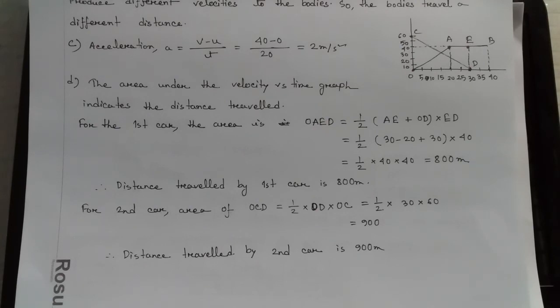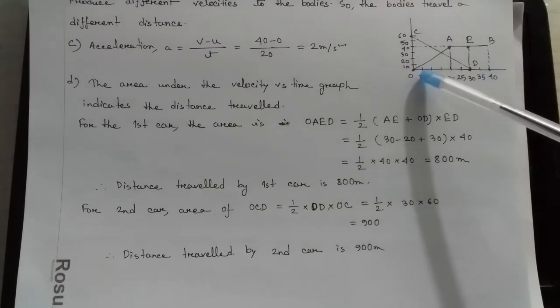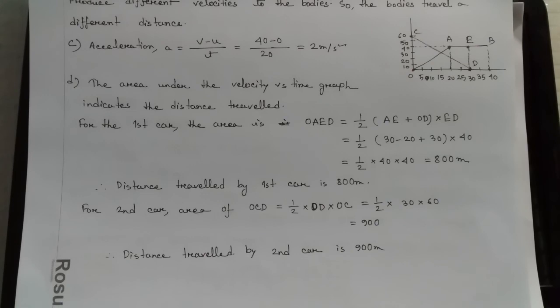If we observe the diagram for the first curve, that is the curve under OAB, the initial velocity from the graph is 0 meter per second, and the final velocity is 40 meter per second.